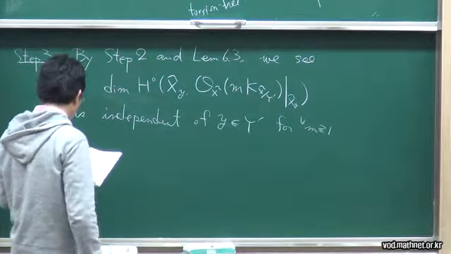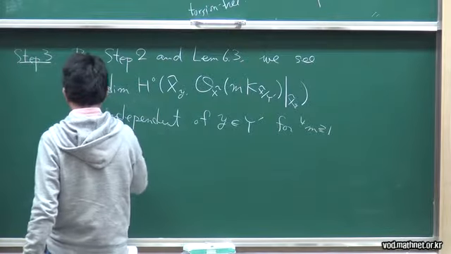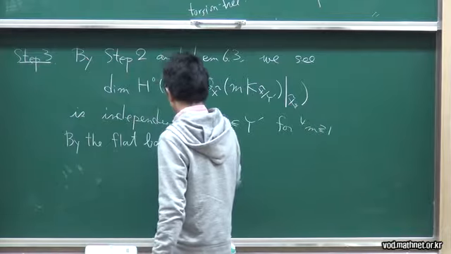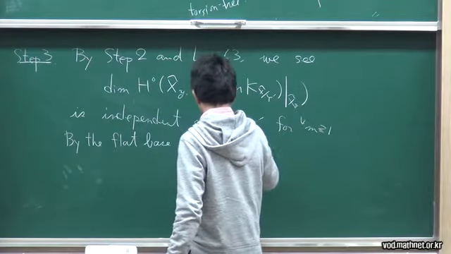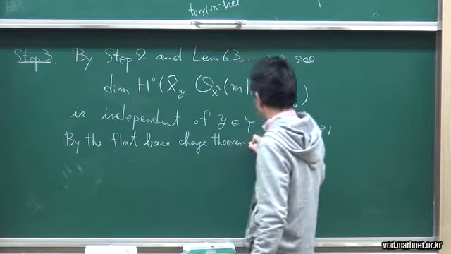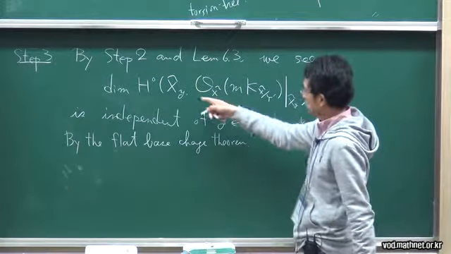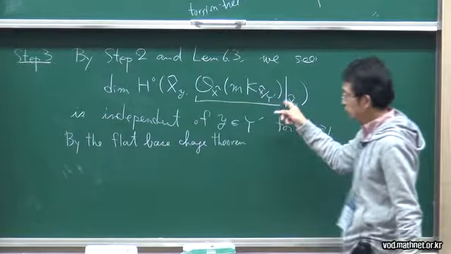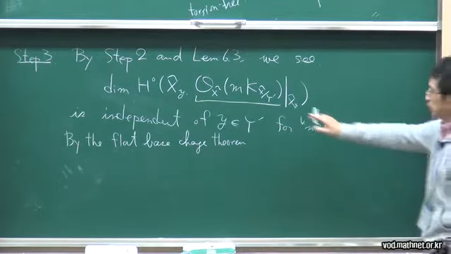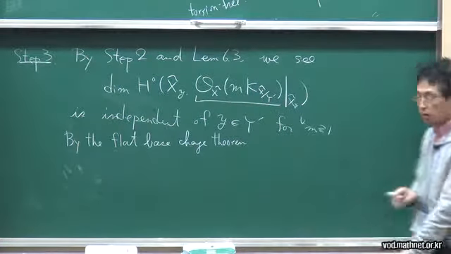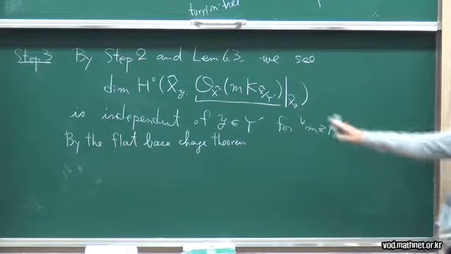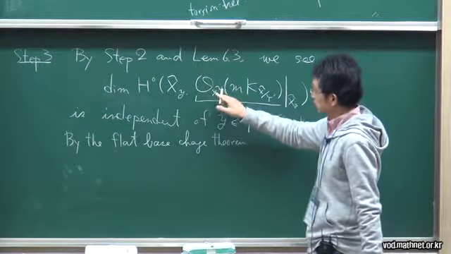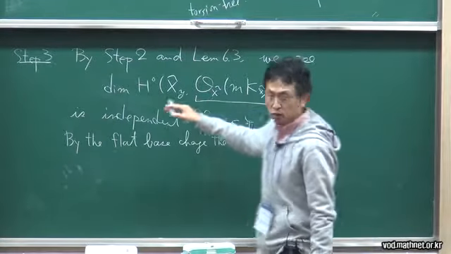And by the flat base change theorem, of course we have to check this is flat over y prime. If this divisor is Cartier, then this is nothing but flatness of f tilde.